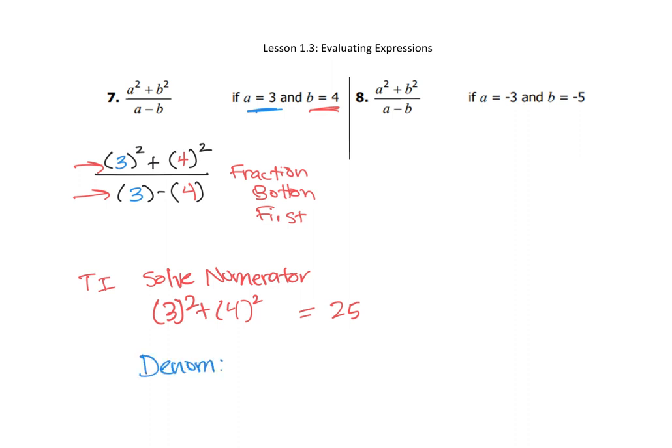The denominator is 3 minus 4, and that equals negative 1. So 25 is the top, negative 1 is the bottom. Then I would just divide at the very end. I do 25 divided by negative 1, which is equal to negative 25.